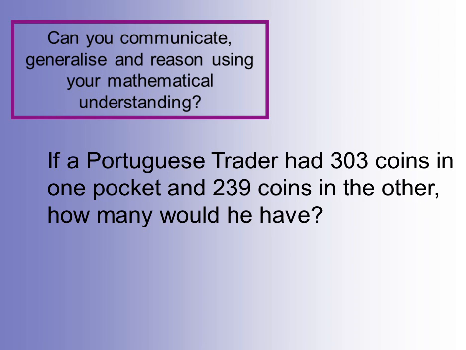Now this one does have some carrying in it, so write down your column addition and then make sure when you do your first column, when you add them up, that you check for any number that needs to be carried into the next column. Pause the video while you have a go, please. Right, your answer is 542 coins.